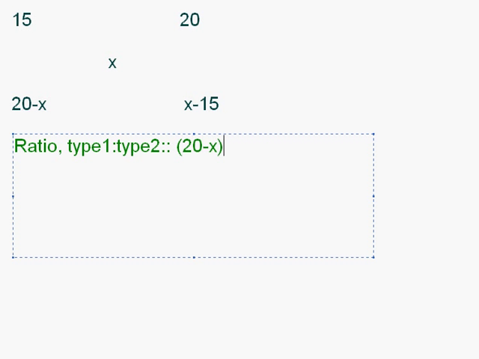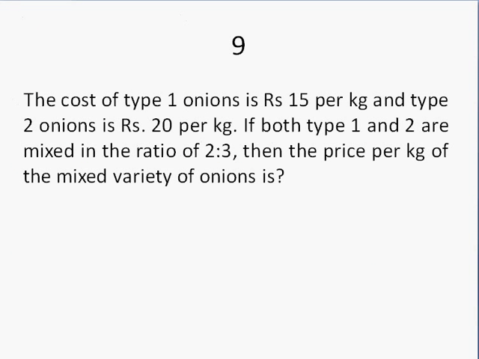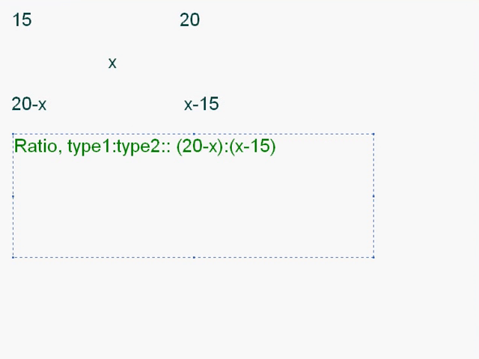So we got this particular ratio. Now we already know the quantity that they are mixed in. They are mixed in the ratio of 2:3. 2 is for type 1 and 3 is for type 2. And here also the ratio is type 1 is 20 minus x and for type 2 it is x minus 15.